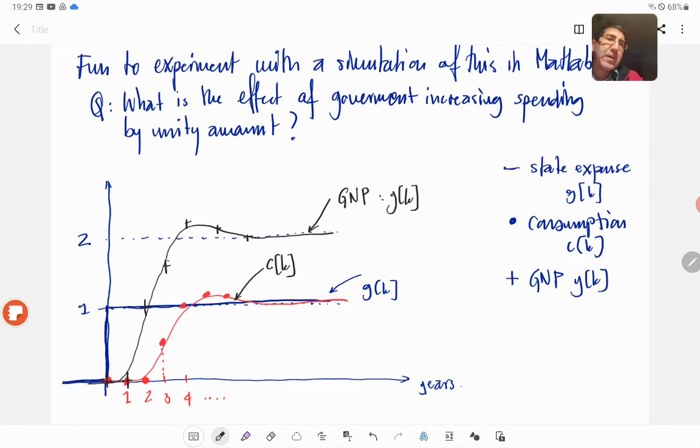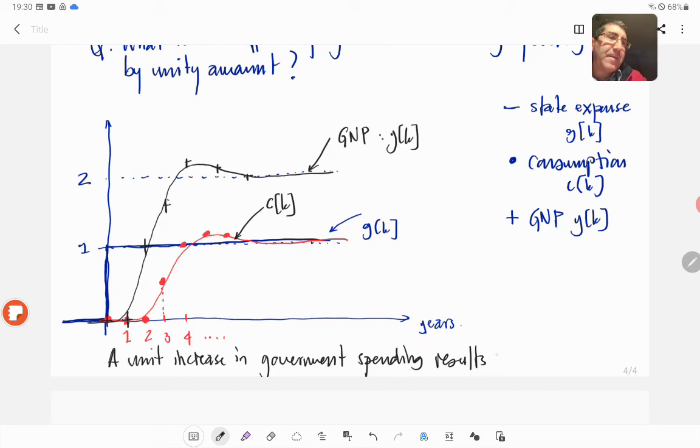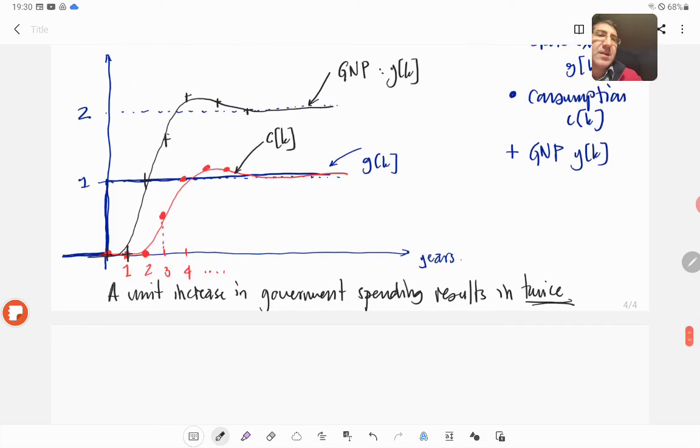So very interestingly, a unit increase in government spending results in twice the increase in gross national product.